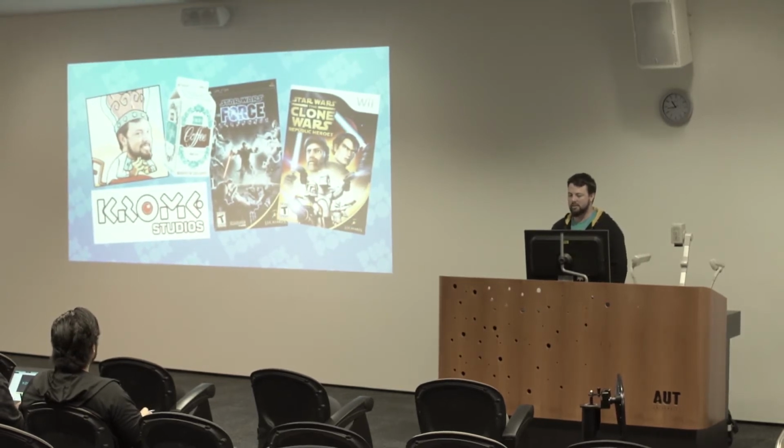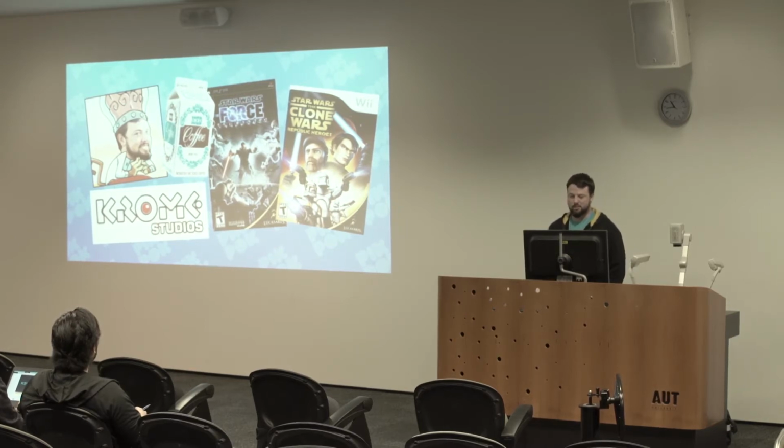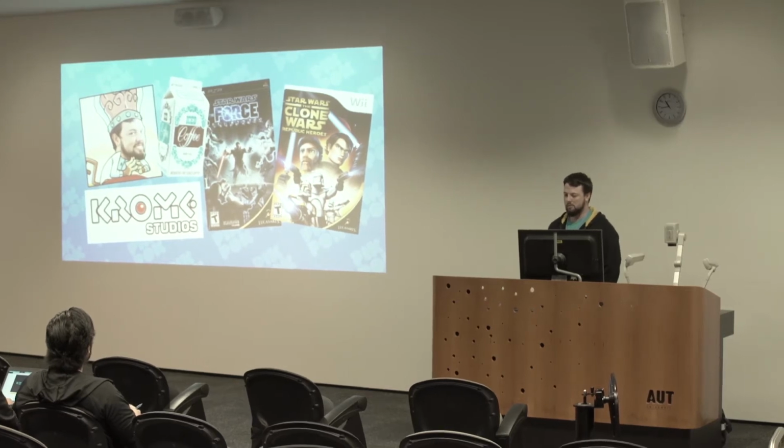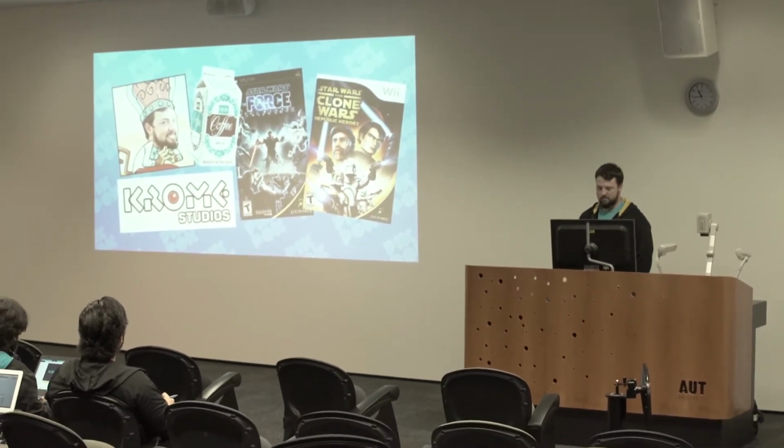I got my start in the game industry from being a QA tester at Chrome Studios Adelaide, working on the PSP versions of Star Wars: The Force Unleashed and Clone Wars Republic Heroes for the Wii.